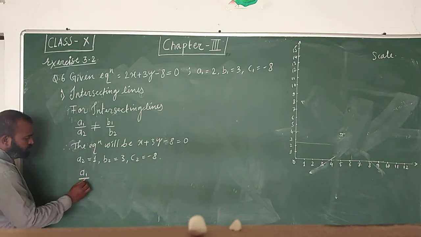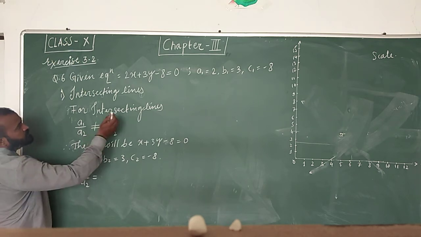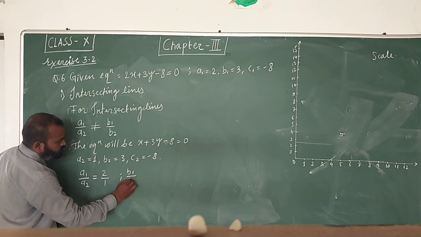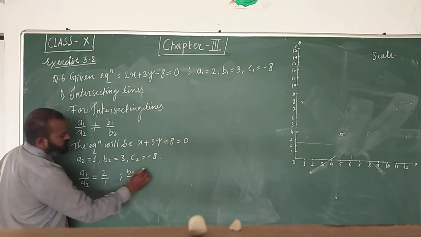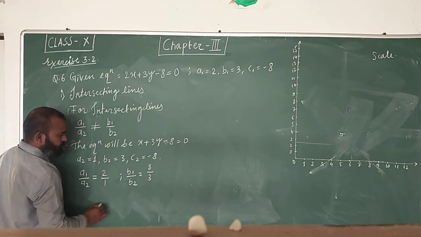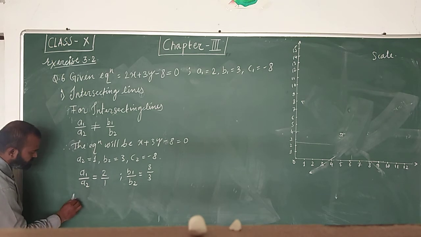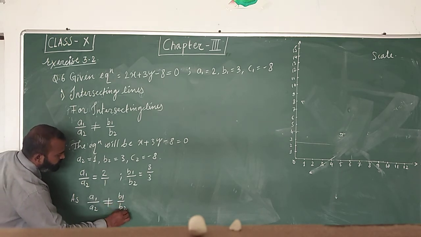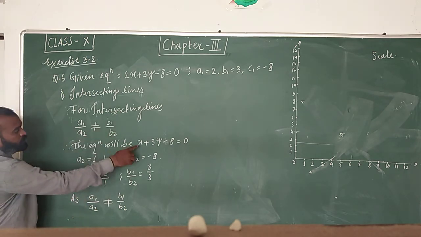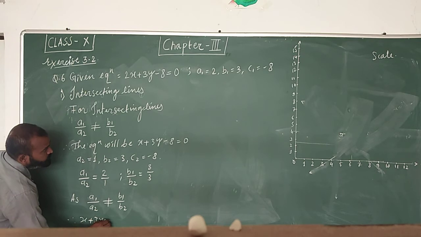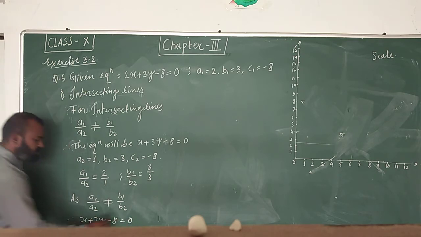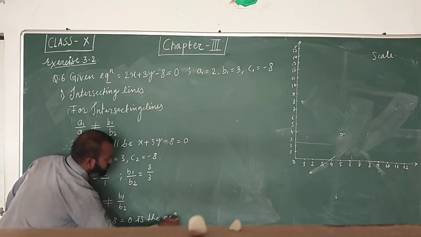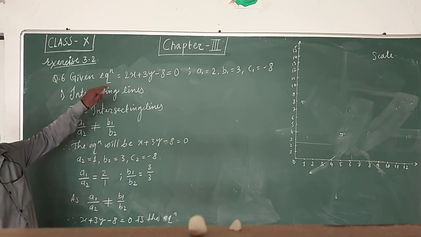So what is a1 upon a2? a1 upon a2 is 2 upon 1. b1 upon b2 is 3 upon 3. तो दोनों रेशियो सेम नहीं आएगा, so as a1 upon a2 is not equal to b1 upon b2, therefore x plus 3y minus 8 equals 0 is the equation which satisfies the first condition, that is for intersecting lines.